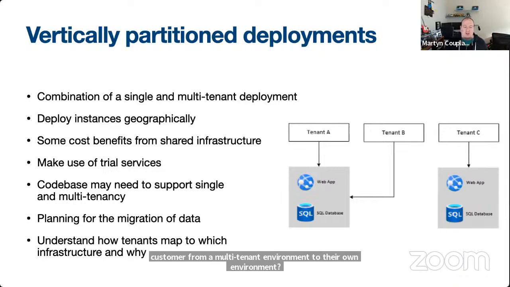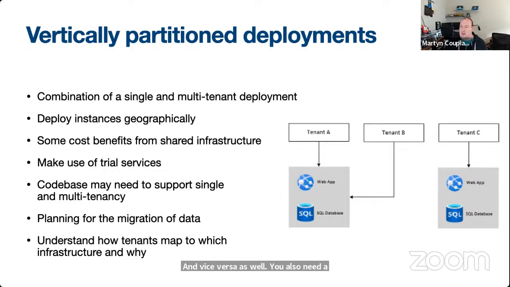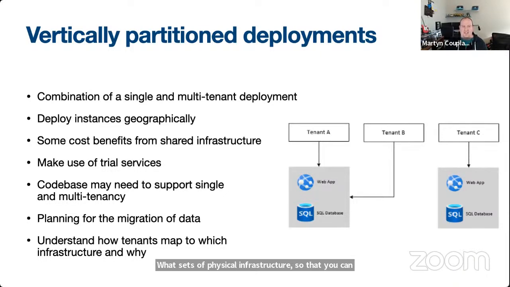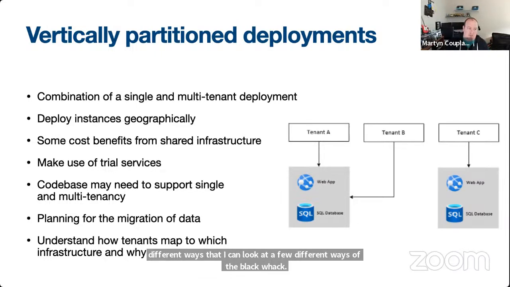You also need a really clear understanding of which of your logical tenants are on what sets of physical infrastructure, so that you can communicate information about system updates, system issues, and upgrades to various different customers. So there's a few different ways that can look, and a few different ways that can work. A few things to think about there.